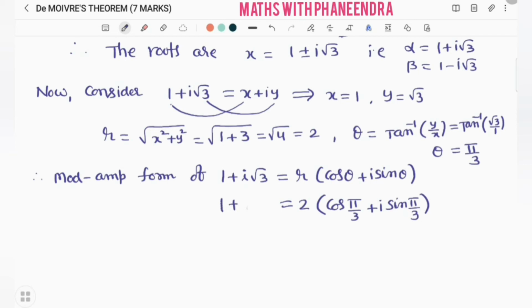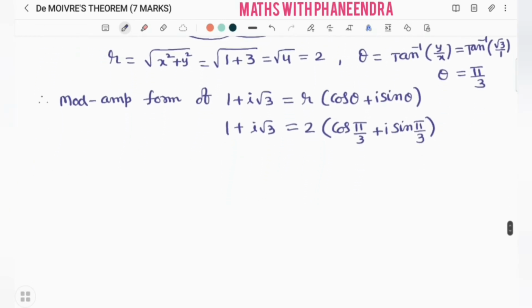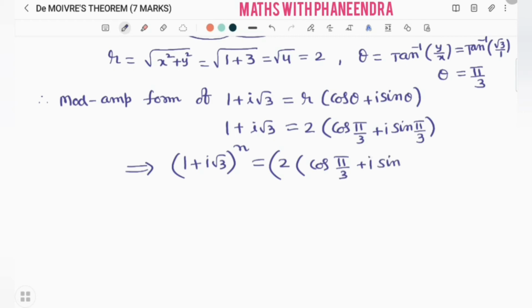So 1 plus i root 3. But I want 1 plus i root 3 whole power n. So 1 plus i root 3 whole power n is equal to 2 into cos pi by 3 plus i sin pi by 3 whole power n.